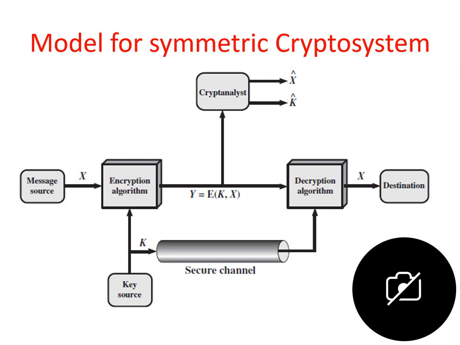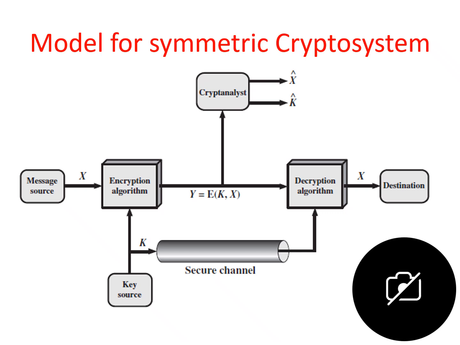So next one is how the brute force attack can happen in this symmetric cryptosystem. Here the message X is transferred using the encryption algorithm, and Y is the ciphertext. The ciphertext message can be captured by a cryptanalyst, who tries to decrypt the message or find the key with the use of the ciphertext.